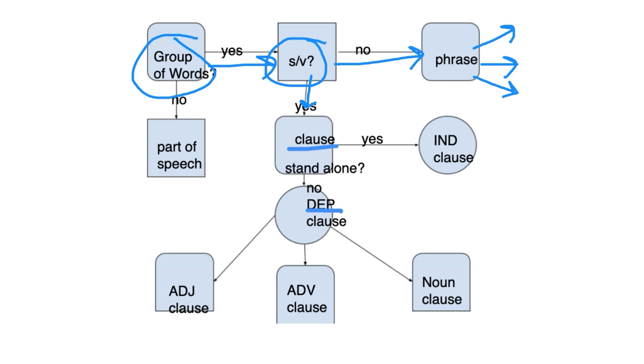Then we ask the next question, which is, can it stand alone? If the answer is yes, independent clause, and like we said, that's the end of the line. It's just a sentence. If, however, it cannot stand alone, then it would be a dependent clause. And then we learn from there how to determine which type of dependent clause it is, whether it is an adjective, adverb, or noun clause.